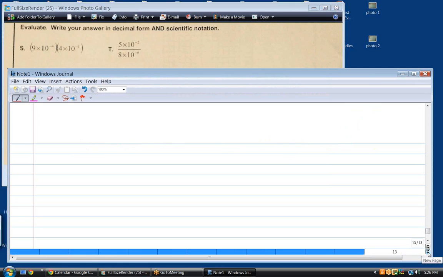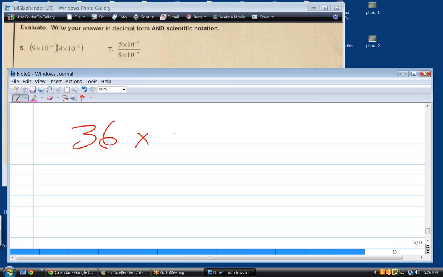Okay. When you're multiplying or dividing with scientific notation, multiply or divide the whole numbers and then handle the second part separately. So we're multiplying here. So multiply the whole numbers. What do you get? 9 times 4. Those are the whole numbers. 36.